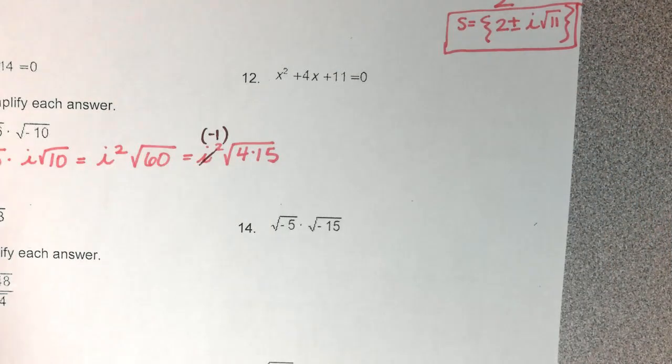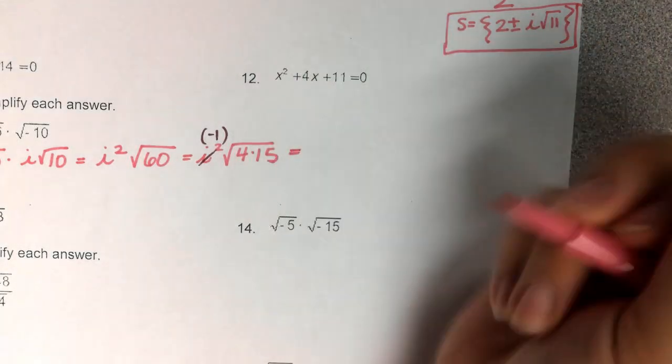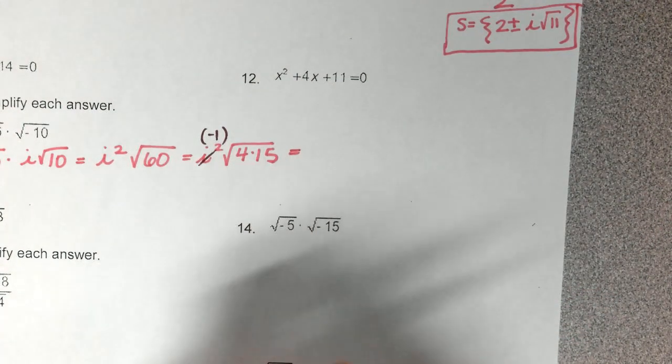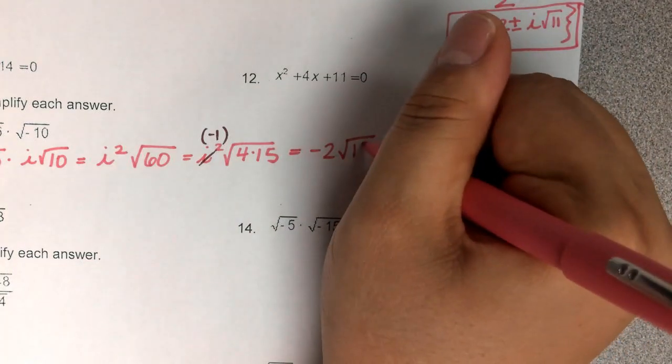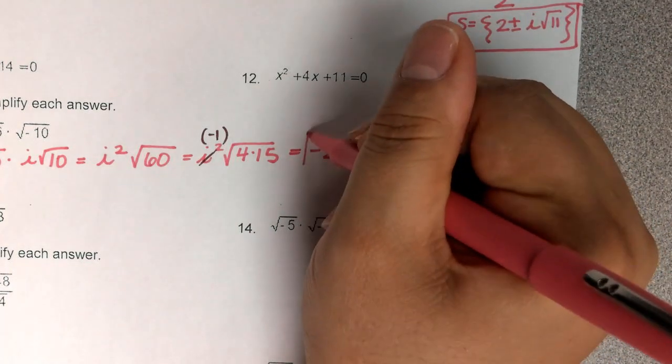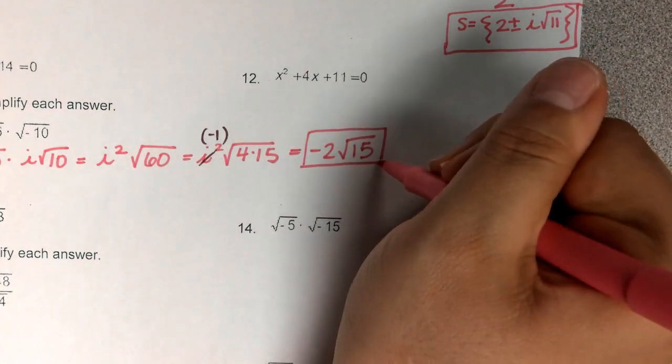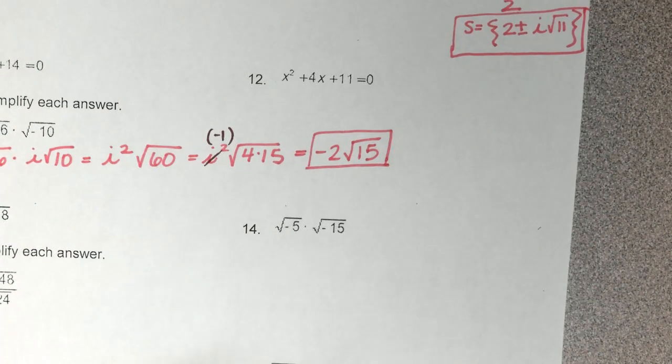Negative 1. So this is going to be negative 2 square root of 15. Does that make sense? i squared is negative 1, so it's negative 2 square root of 15.